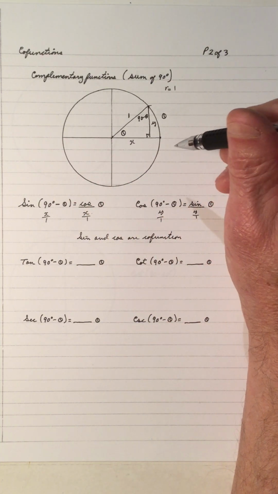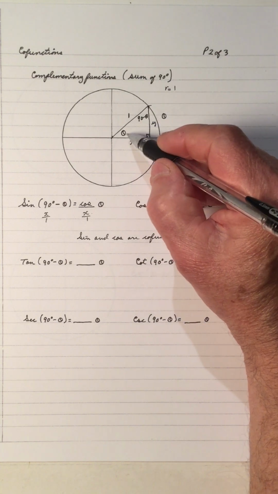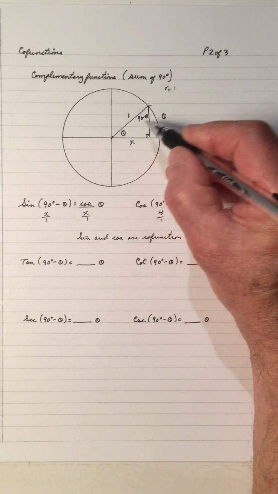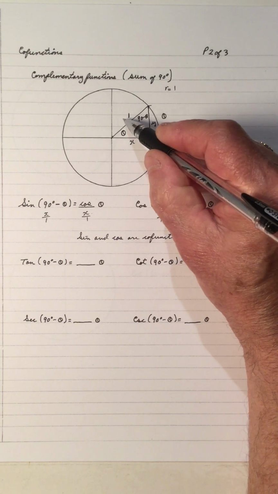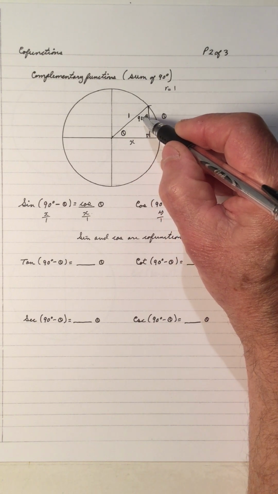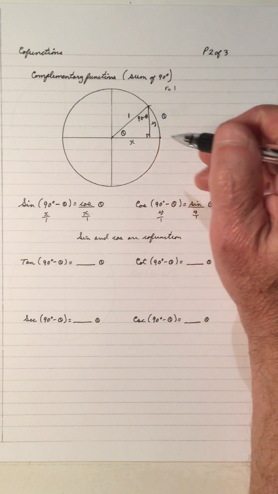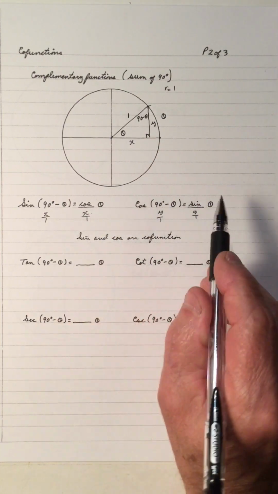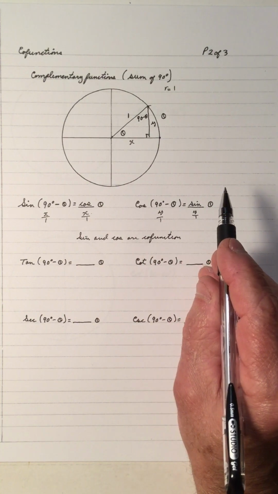So think about it. If you took an angle here, the sine of 30 would be y over 1, and the cos of 60 would be y over 1. So sine and cos are cofunctions of each other.